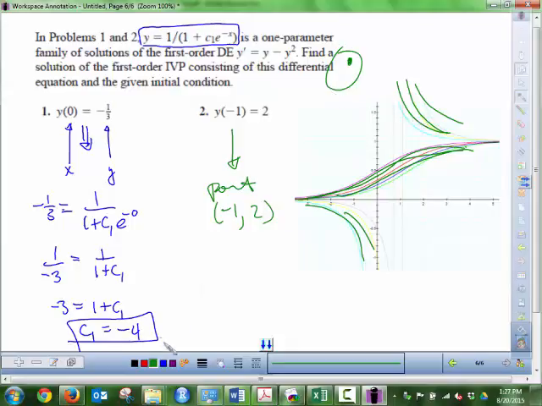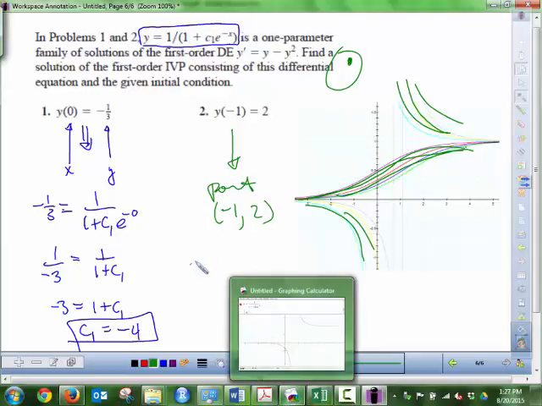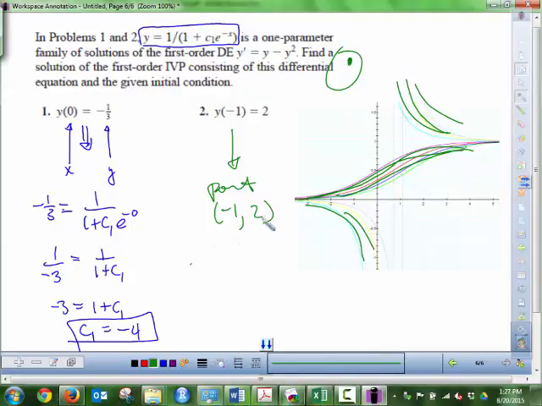Let's see. I guess we should actually do the work here, huh? So y is equal to 2 is equal to 1 over 1 plus c1 e to the negative, parentheses, negative 1, so it becomes a positive 1, right? So I guess we can cross multiply again.